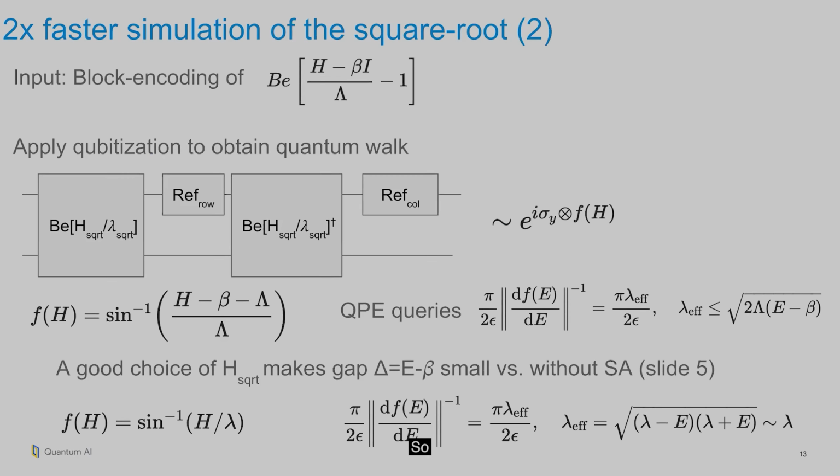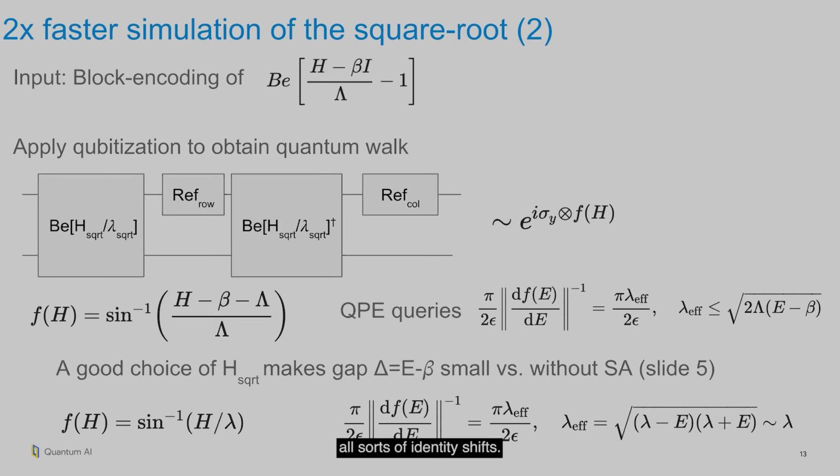If we were to apply qubitization to this block encoding and make it a quantum walk, now the phase evolution that you apply on your initial state, f of H, is going to be arcsine of this shifted Hamiltonian. Previously, without any of these tricks, it would be the choice at the bottom, just arcsine of H over lambda.